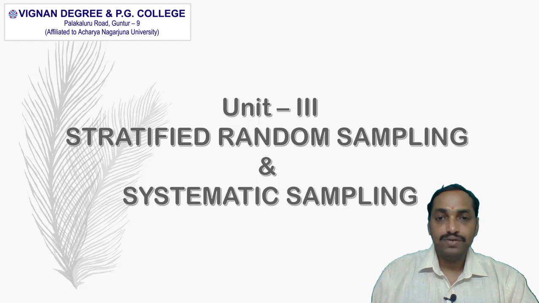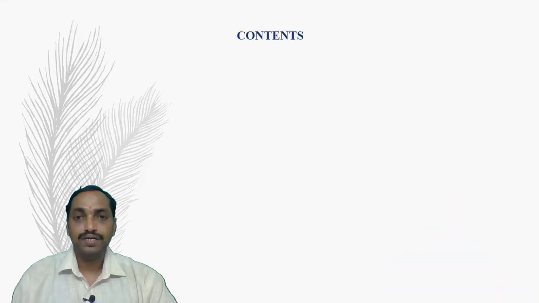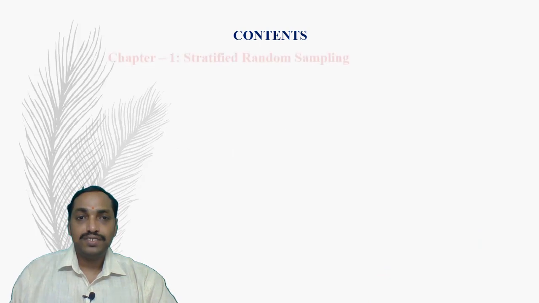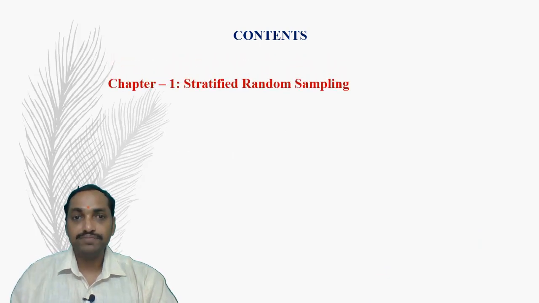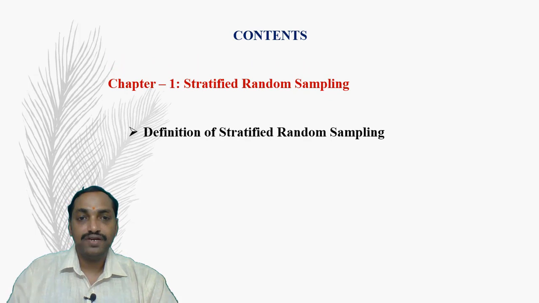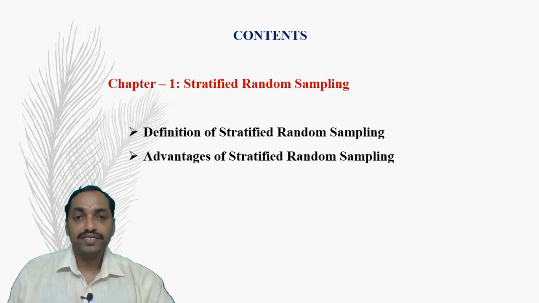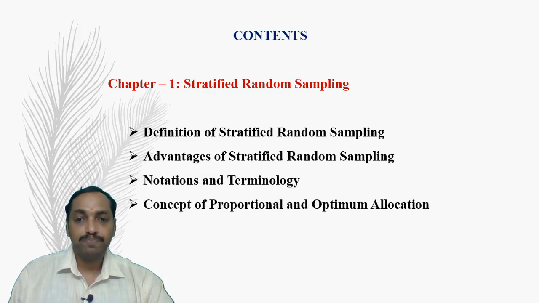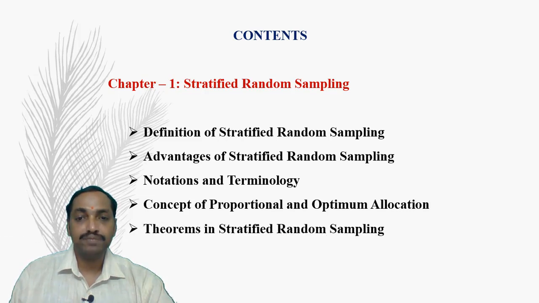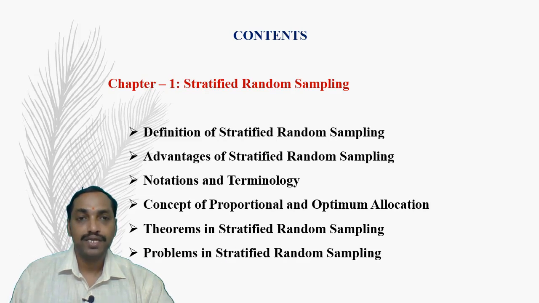So first let us have a look at the contents of these chapters. Chapter 1 is stratified random sampling. It consists of definition of stratified random sampling, advantages of stratified random sampling, notations and terminology, concept of proportional and optimum allocation, theorems in stratified random sampling, and problems in stratified random sampling.